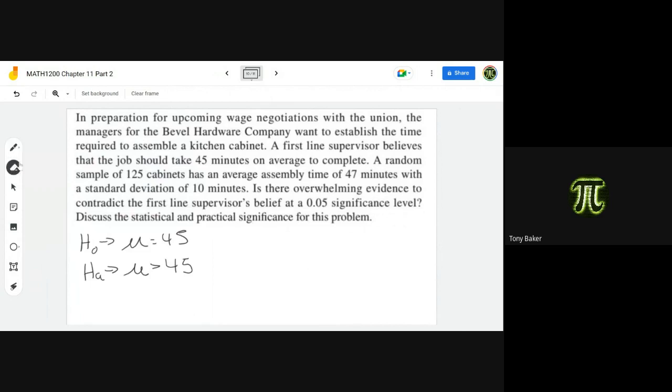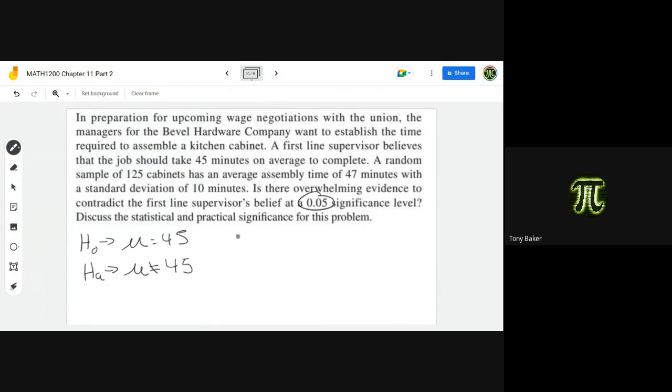Actually, they're just contradicting, so it's not equal to 45. Although they're probably really trying to say it's bigger than that, in this case, the way it's written, to contradict the first one, it's not equal, because technically he'd be wrong in either direction. All right, so we're doing a 0.05 significance level.